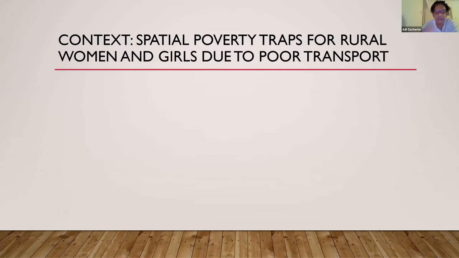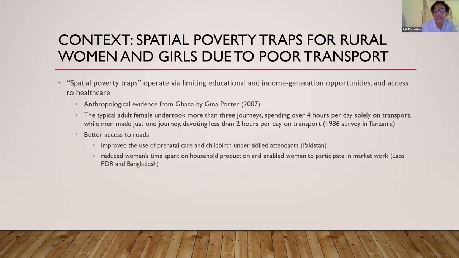For physical infrastructure, we are going to mainly talk about transportation, especially roads. There's a literature there, mainly by anthropologists, on spatial poverty traps.